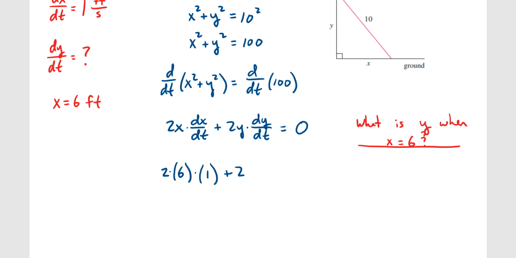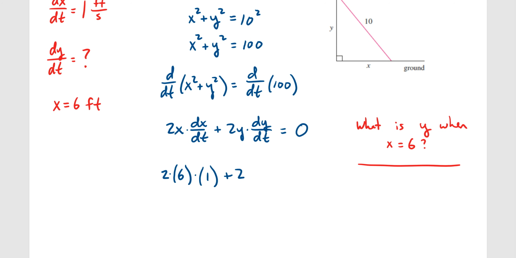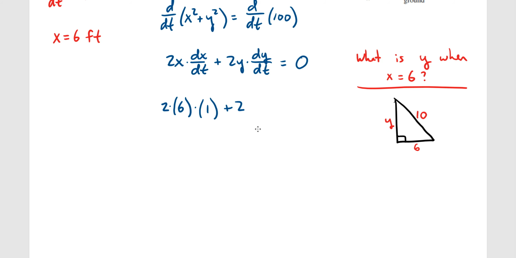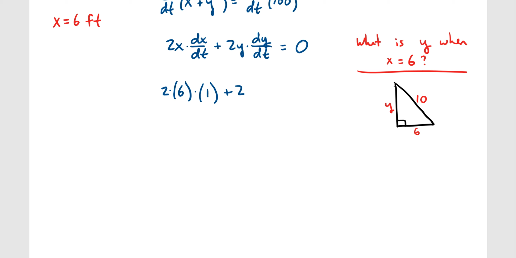So what we can do is essentially just use that same picture that's drawn for us and create another right triangle. No matter what, the ladder is always 10 feet long. And we're trying to find this vertical distance when this horizontal distance is 6. So we use the Pythagorean theorem: y squared plus 6 squared equals 10 squared.